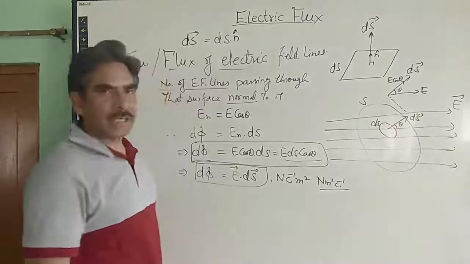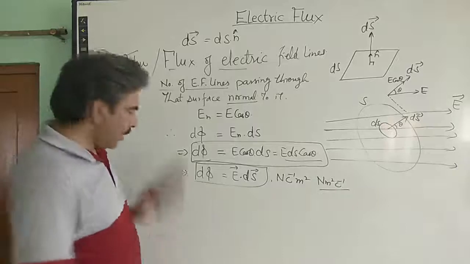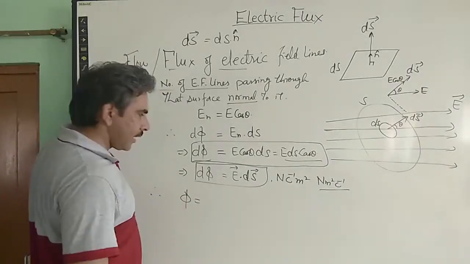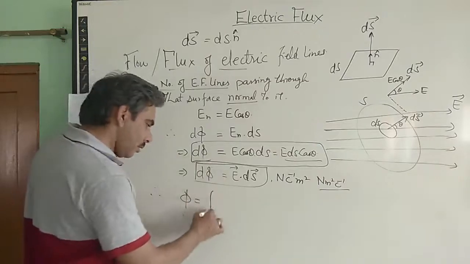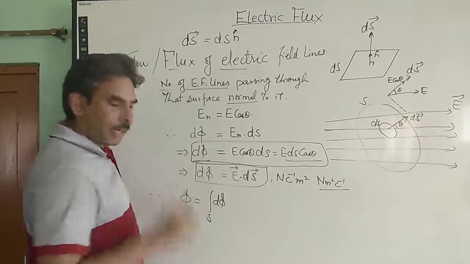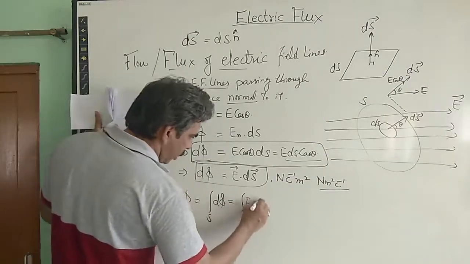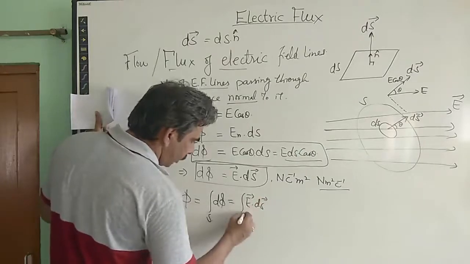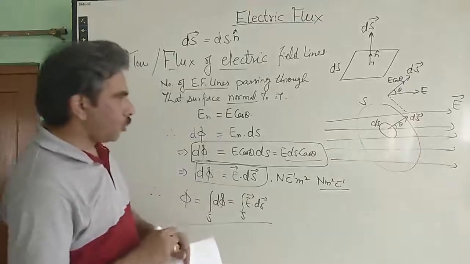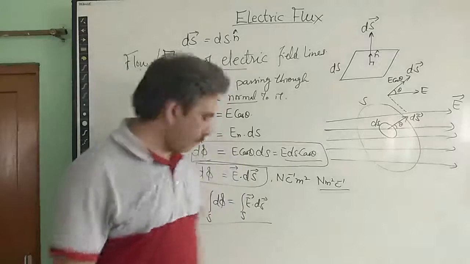If we are interested in the total flux through the surface S, which is phi, that can be found by integrating this term over the whole surface area S. So this simply means integration of E dot ds over the whole surface area S. So this gives the total electric flux through the whole surface S, having surface area S.